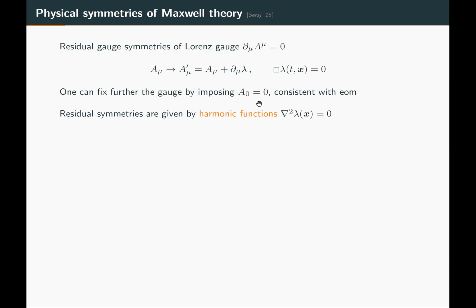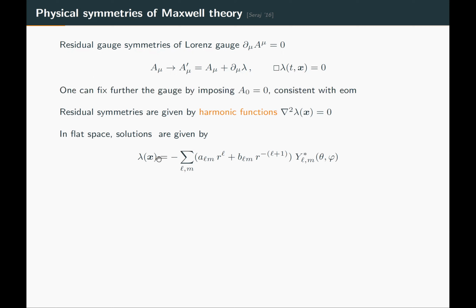Therefore you find that the residual symmetries are now time-independent harmonic functions, whose solution can be expanded in harmonics like this. You see that we have two branches of solutions, one growing in r and one decaying in r. The second branch is like pure gauge, and therefore we find that the large gauge symmetries in harmonic gauge, which are called multipole symmetries, are given by this set.